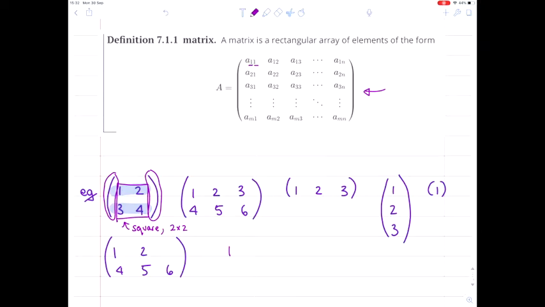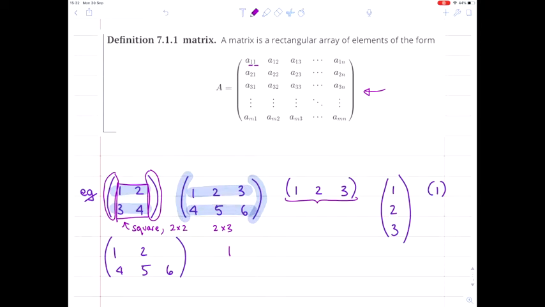If we have a look at this next item over here, we have 3 columns and 2 rows, and indicated by parentheses, so this is also a matrix. This is a 2-row by 3-column matrix. Now you might have a look at this and think, well, we've seen things like this before.